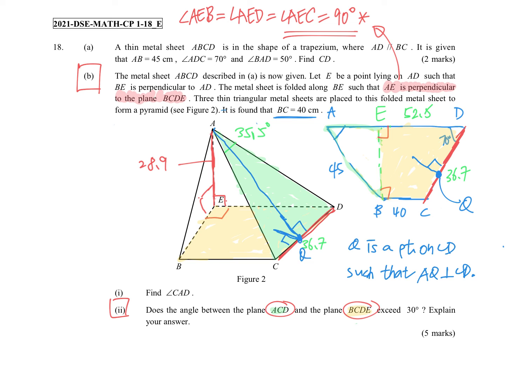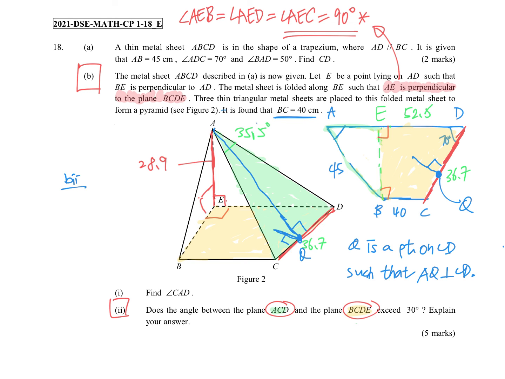Okay, with this kind of setting, for B2, the required angle. Now before we claim the required angle, apart from AQ being perpendicular to CD, we would like to use the theorem of three perpendiculars.